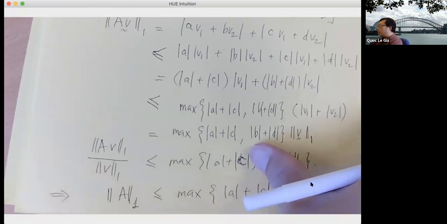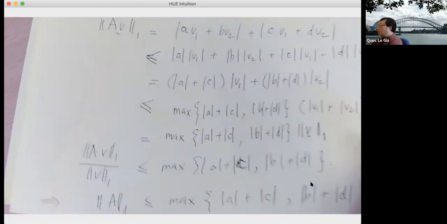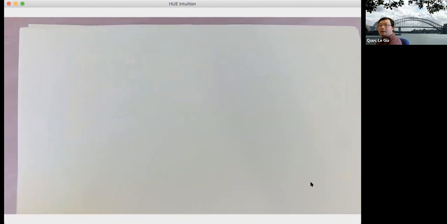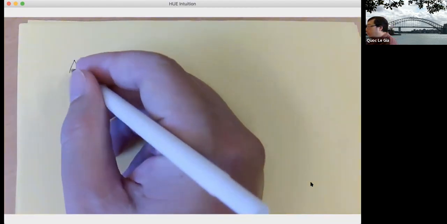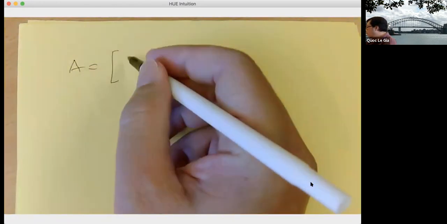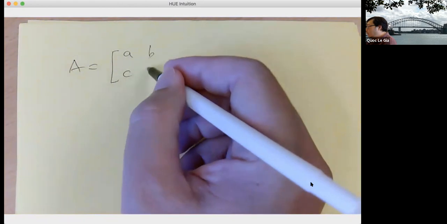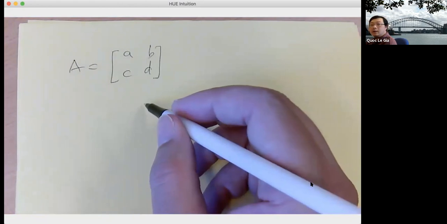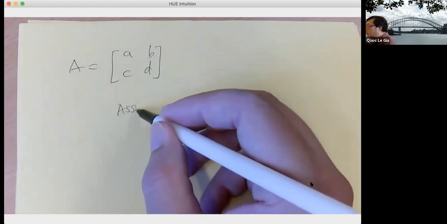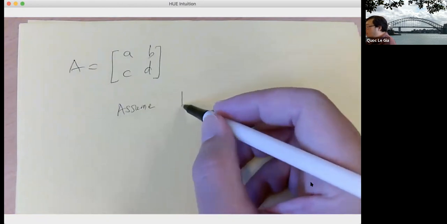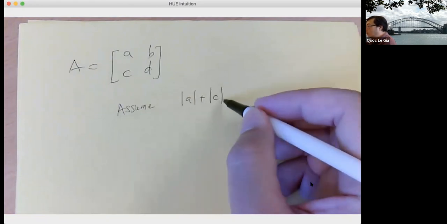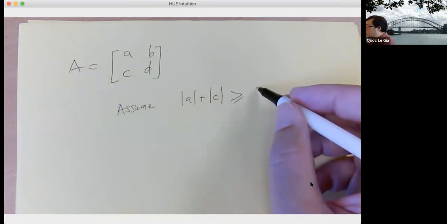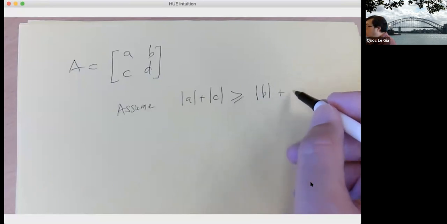So now the second step. My matrix A again, remember this is just a 2 by 2 matrix, a, c, b, and d. Without loss of generality, I can assume that a plus c, the first column sum in absolute value, is greater than or equal to the second column sum.